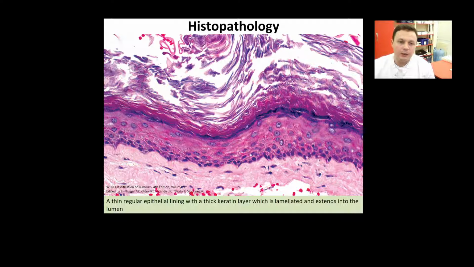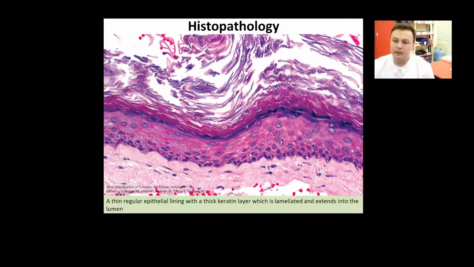Histopathology. Histopathology shows an uninflamed fibrous wall lined by thin epithelium, 5 to 8 cell layers thick, but without rete ridges. The surface exhibits orthokeratinization with a prominent granular cell layer.